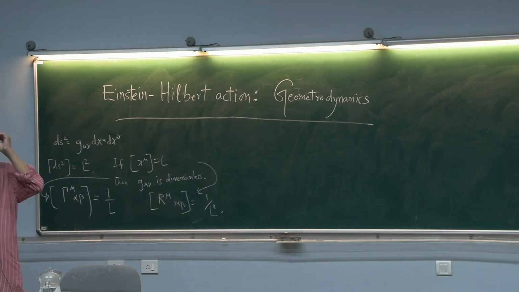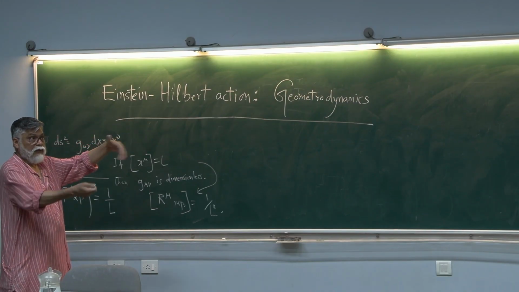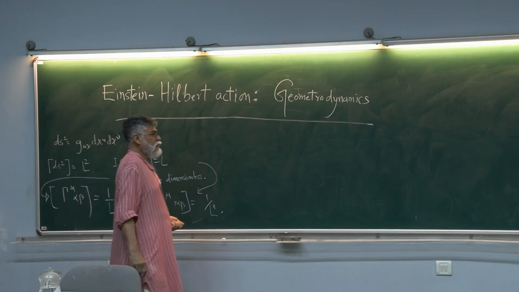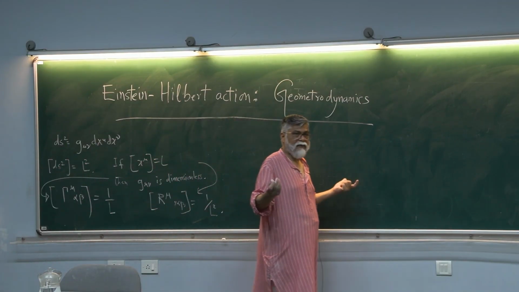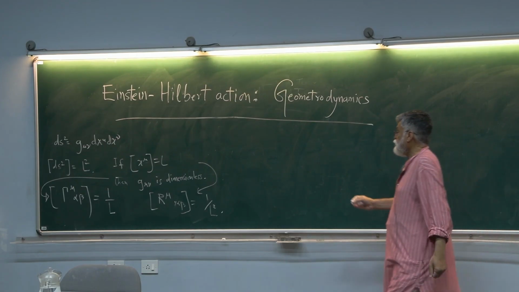Okay, so action is important. So we want to construct an action for geometry. So we want to have geometrodynamics. So what is the action for? The action for the geometry should also have the dimension of what? Action. What is the dimension of action?